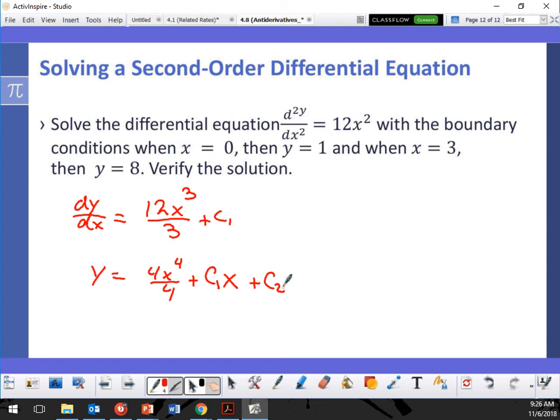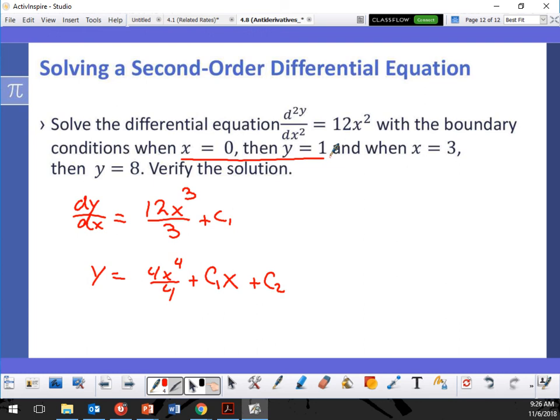Yeah, I was right, there's a typo here. On here it says my initial condition. So with the boundary conditions, x equals 0 and y equals 1 is going to go with my c1, and the other one goes with my c2.